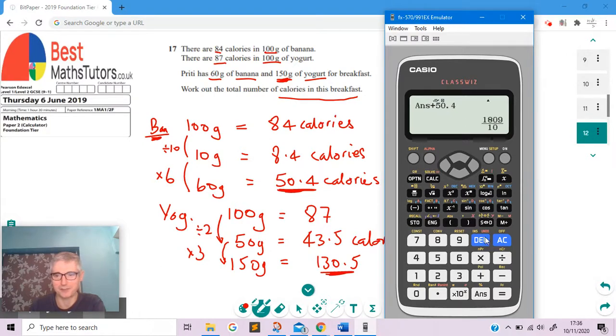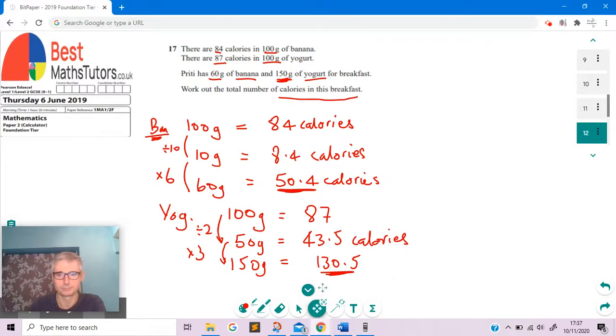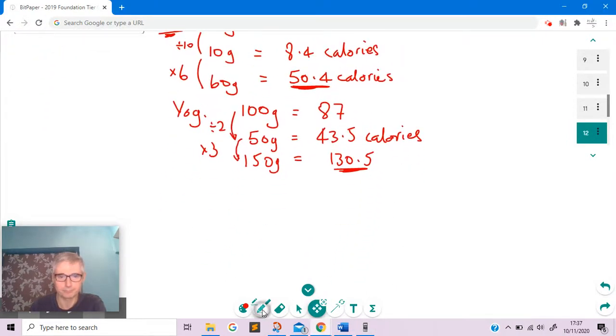And again, I get it in that format. But what I'm going to do is just press the SD button there, and I've got 180.9 calories in total. So the total equals 180.9 calories.